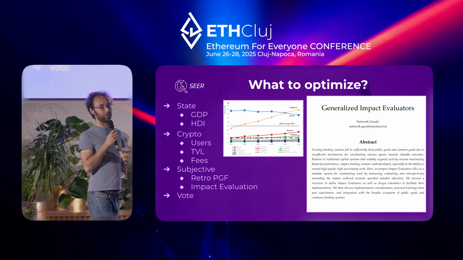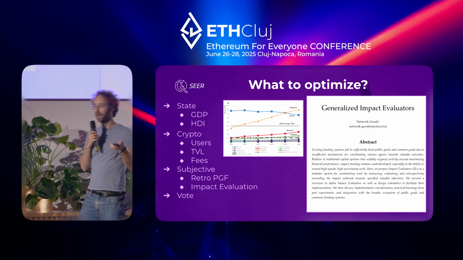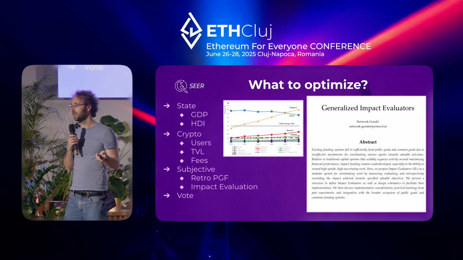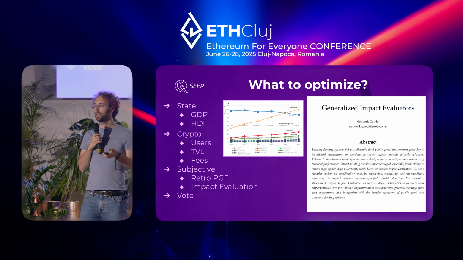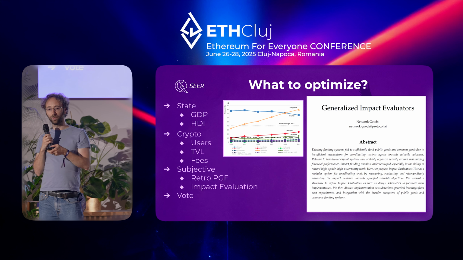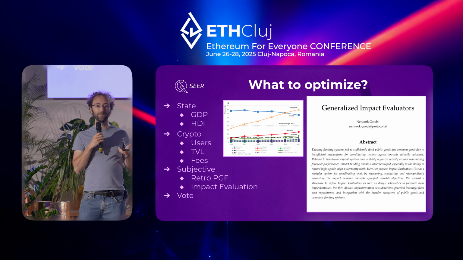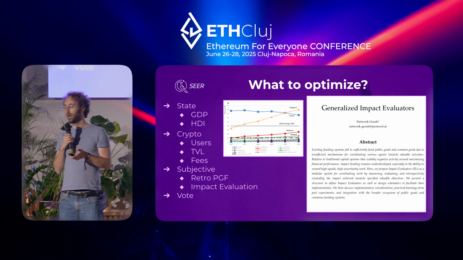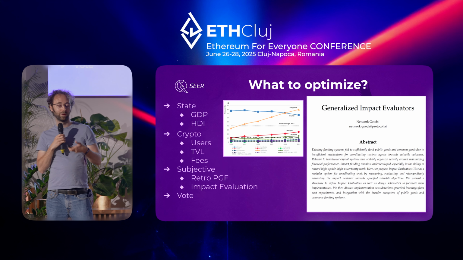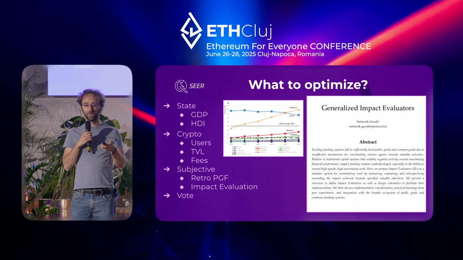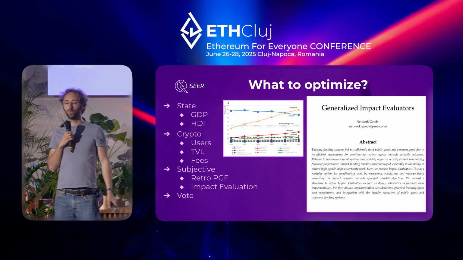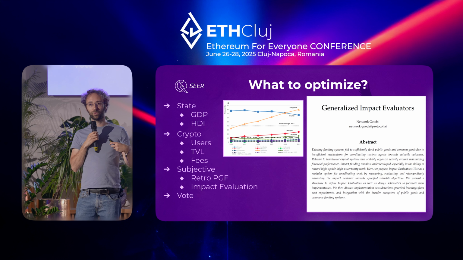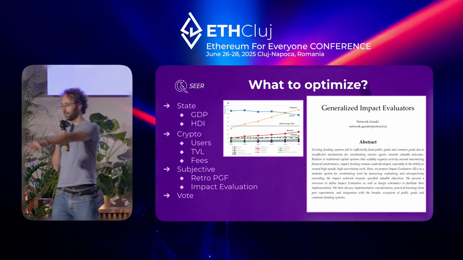So we can go back to what to optimize. I already talked a bit in the case of a state, like GDP, HGIs. But now if you look at crypto, we have 3 main metrics that crypto projects like. So you have obviously the amount of users, which sometimes may be a bit hard to get, but you could always run some studies to find how many people are actually using your product, because you want to try to avoid double counting users who are using multiple addresses.